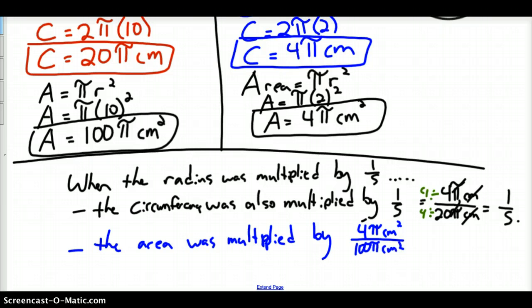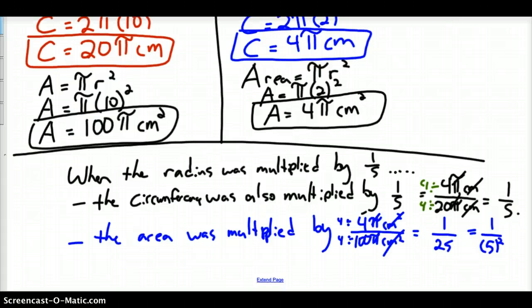Centimeters squared over centimeters squared, pi over pi. If I take 4 divided by 100 and divide both the top and the bottom by 4, I end up getting 1/25, which is actually the same as 1/5 squared. It's important to understand that when we change these dimensions proportionally, it's going to affect the perimeter and the area differently.